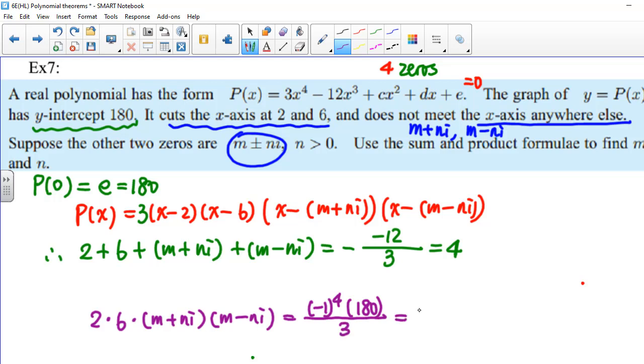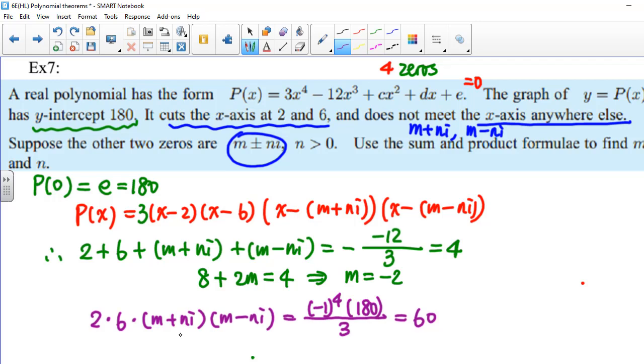So this one can be simplified into 60. The sum of those 4 roots can be simplified into 8 plus 2m equals 4. Therefore, we can solve for m. So m equals negative 2.